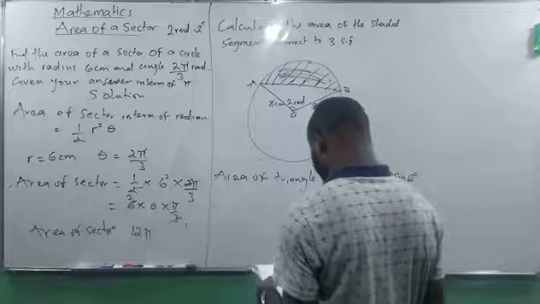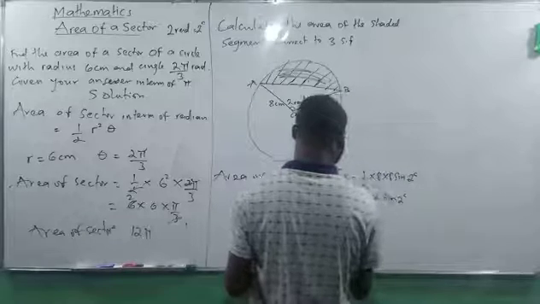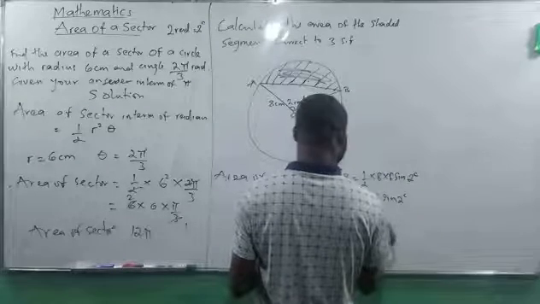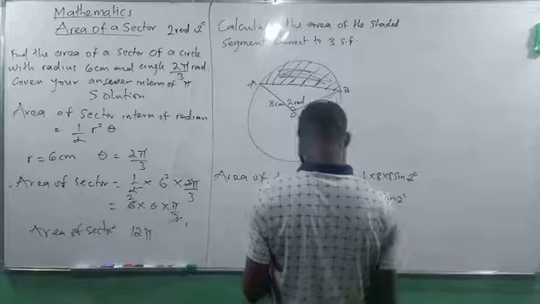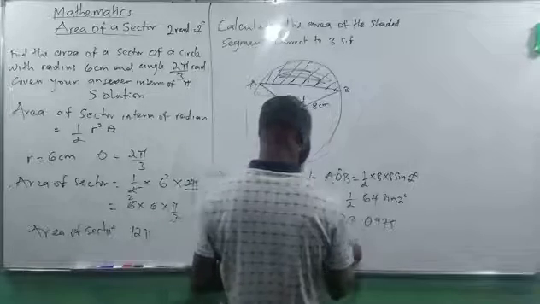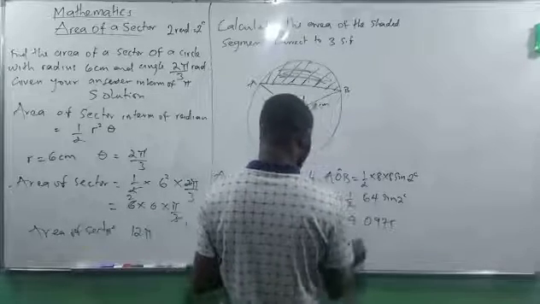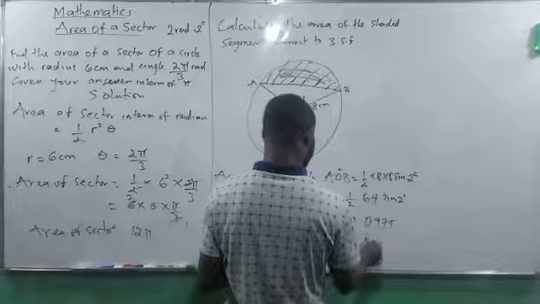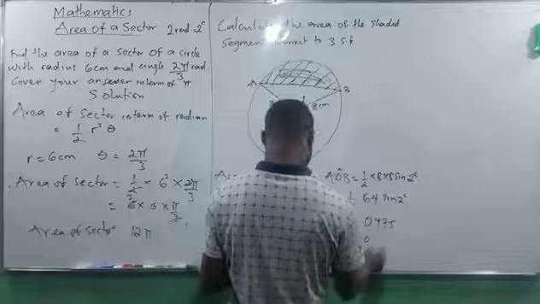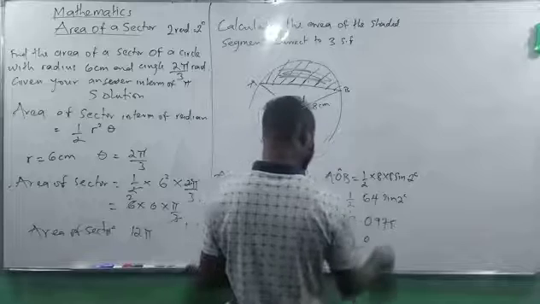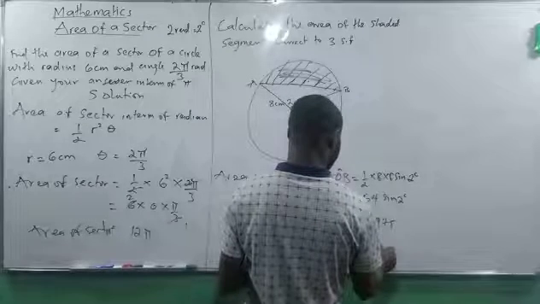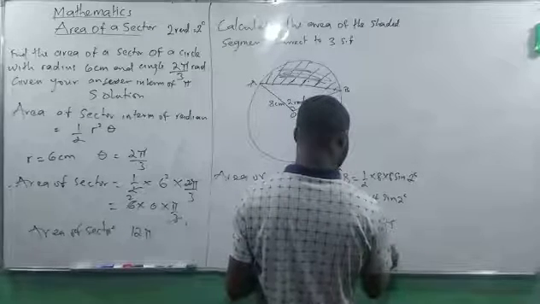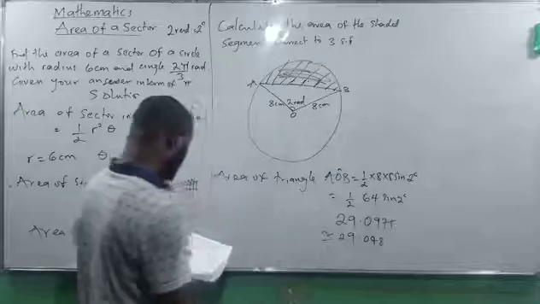Now when you press your rad and you have 29.0975, it means at this junction I'm having approximately 29.098. Now I think I've successfully approximated it.